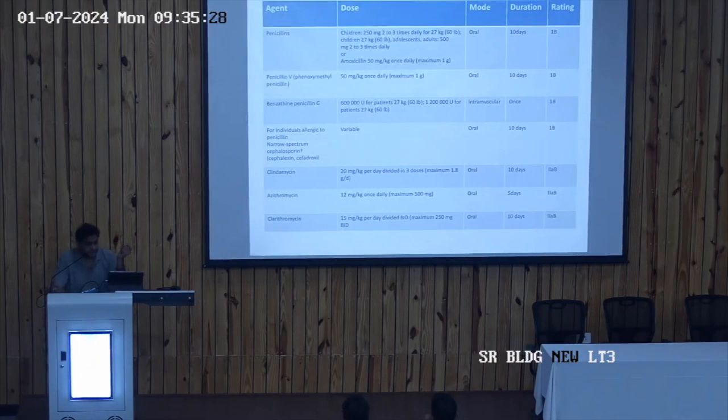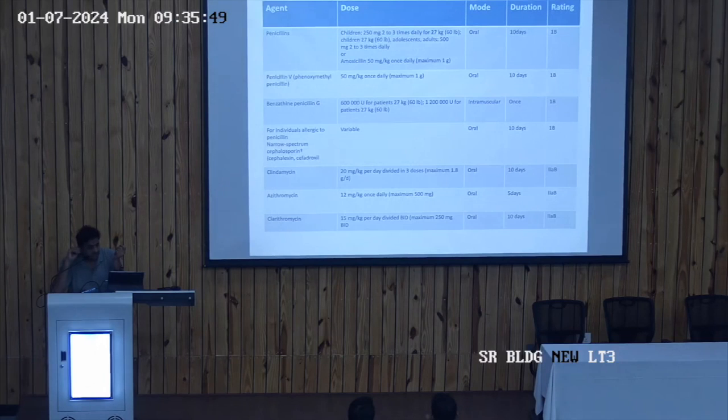So the agents: penicillin in oral form for 10 days, penicillin V tablets, 50 milligrams per kilogram once daily, maximum 1 gram orally for 10 days.